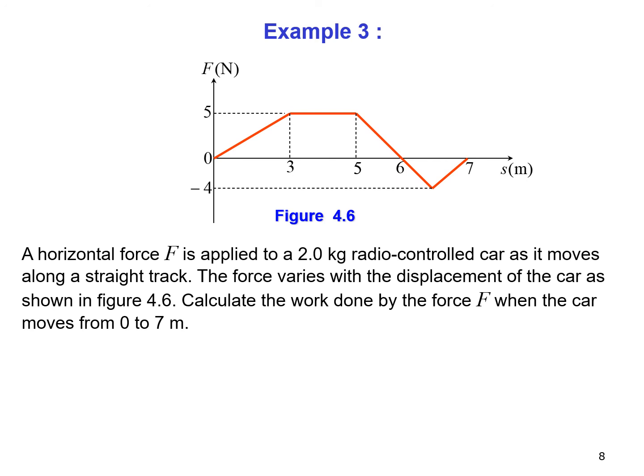The force varies with the displacement of the car, as shown in the figure. We want to calculate the work done by the force when the car moves from 0 to 7 meters. Straightforward question: just determine the area under the graph.